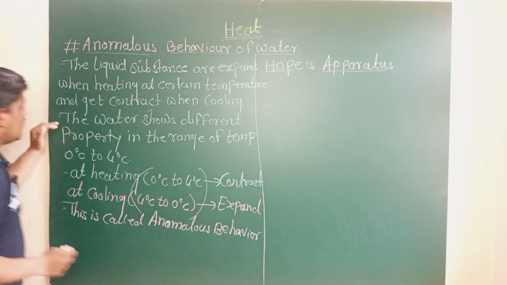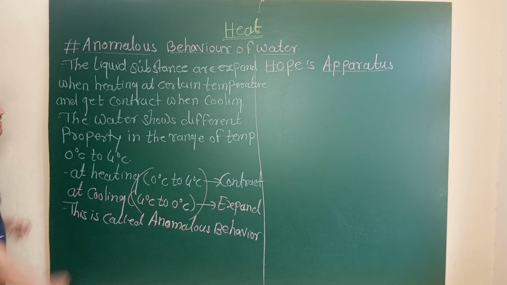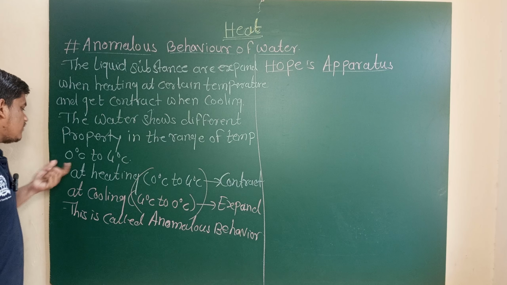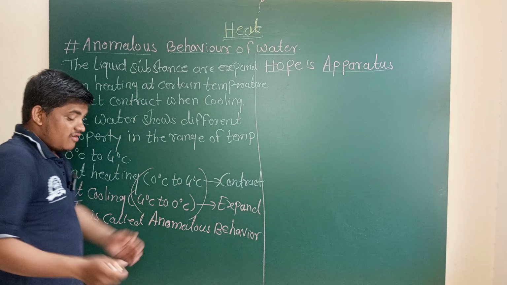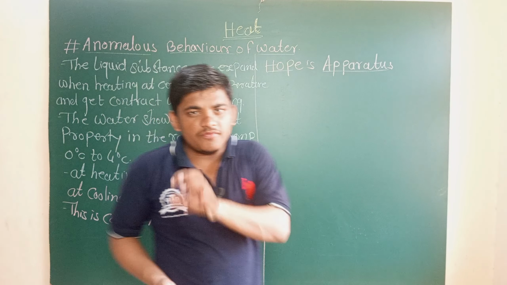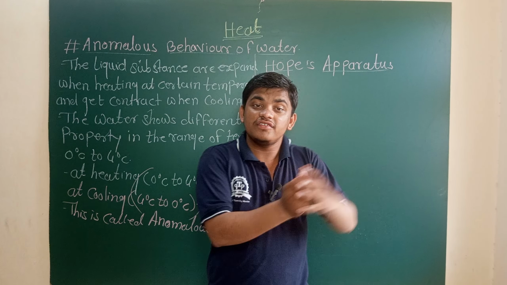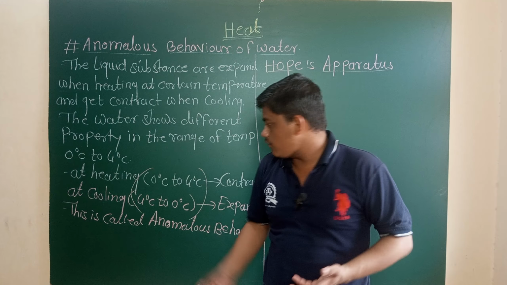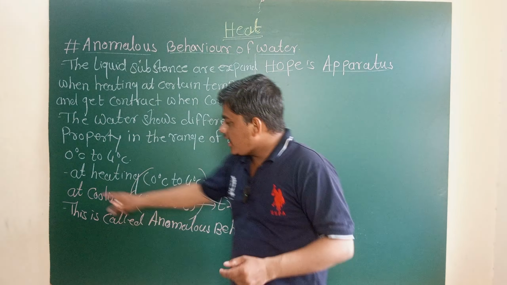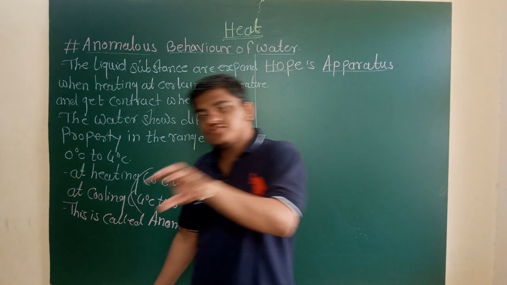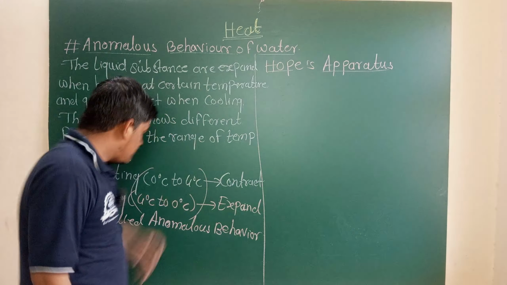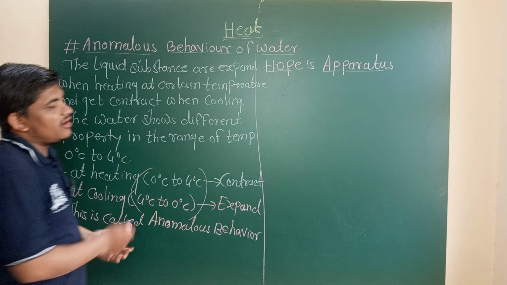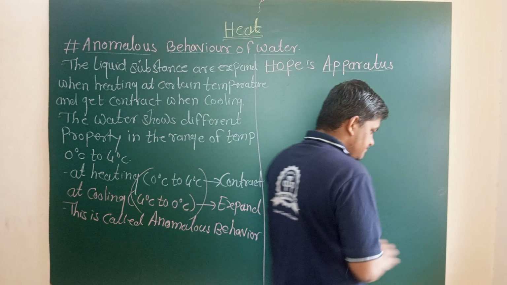But while heating from 0 degrees Celsius to 4 degrees Celsius, every substance expands but water contracts. While cooling from 4 degrees Celsius to 0 degrees Celsius, every substance contracts but water expands. This behavior is called the anomalous behavior of water.